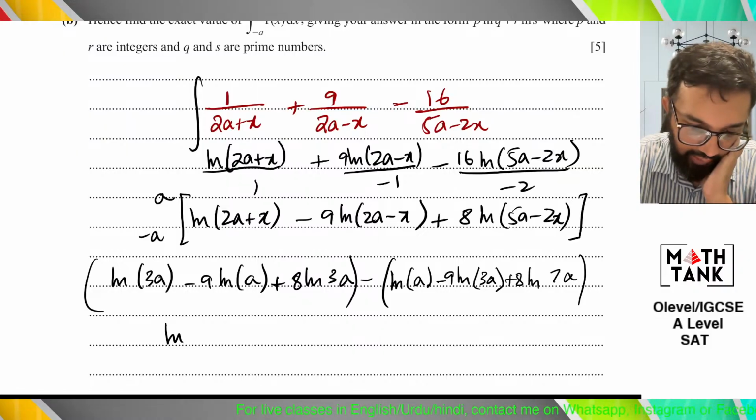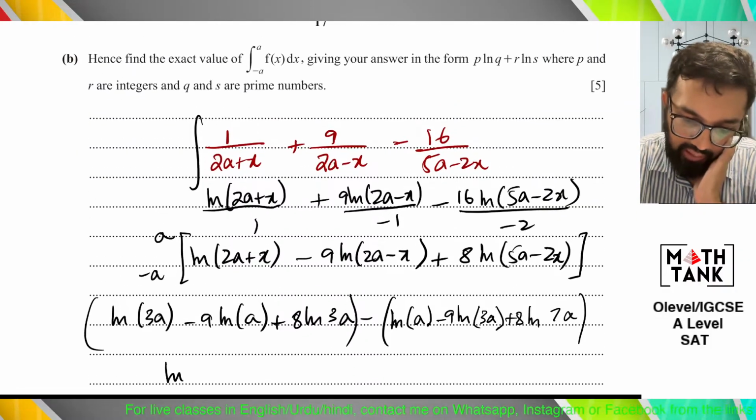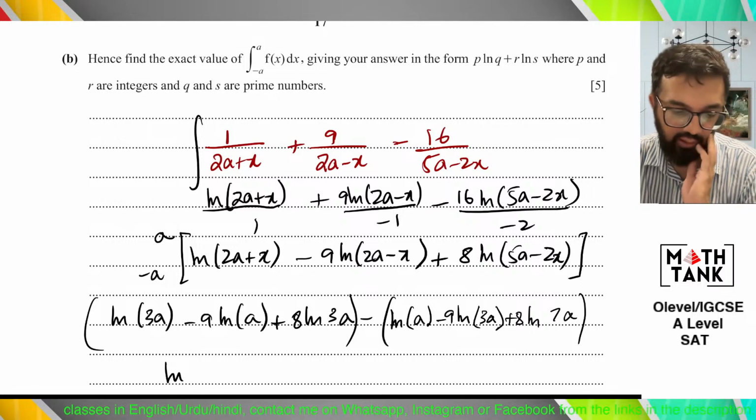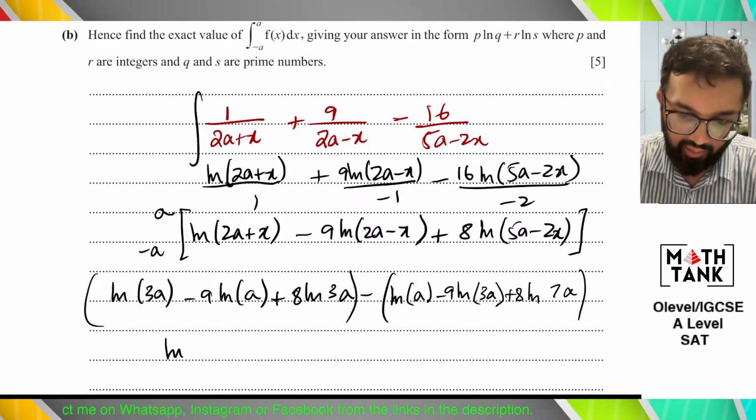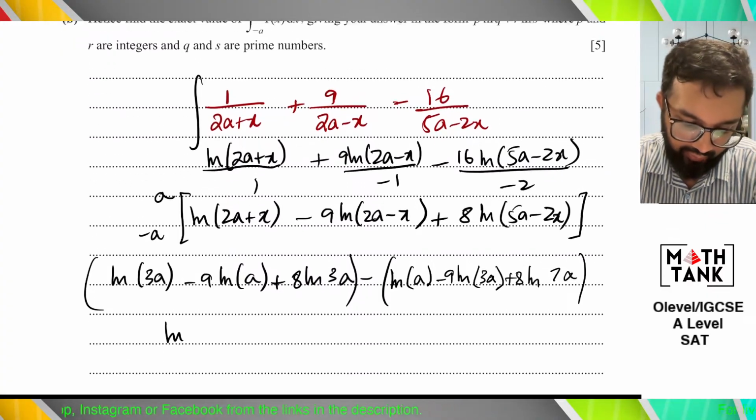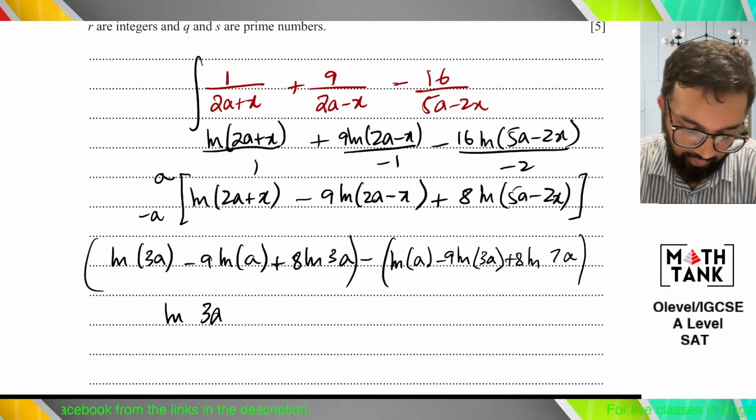Okay, so we write this as p ln q plus r ln s, where p and r are integers and q and s are prime numbers. It's a very odd sort of requirement, but try to do this.